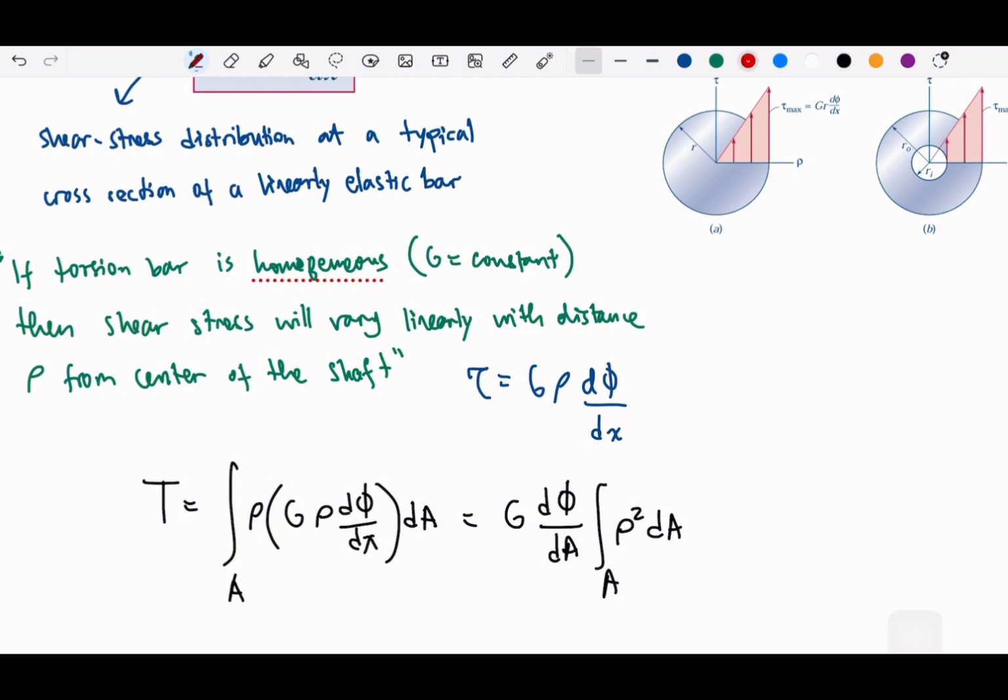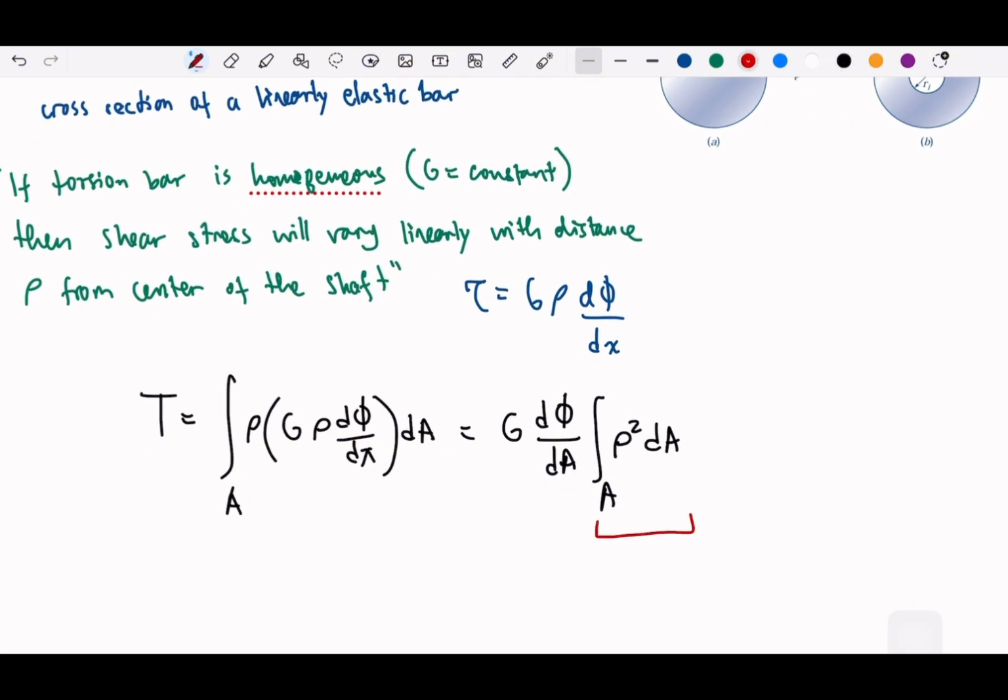This part is actually what we call the polar moment of inertia.